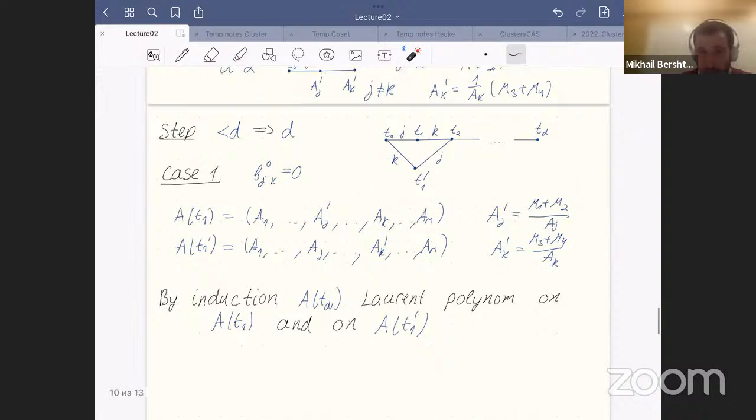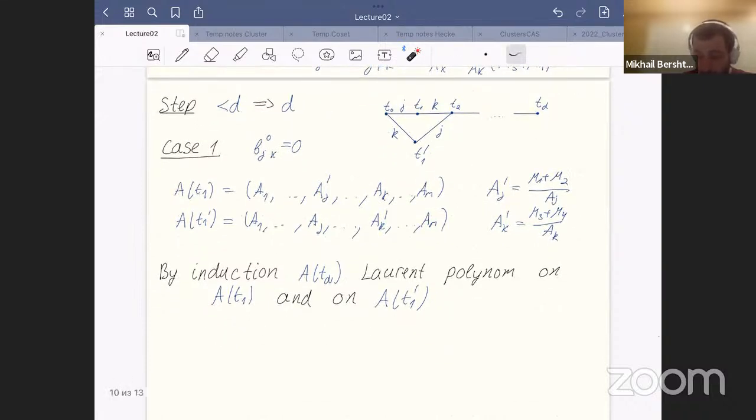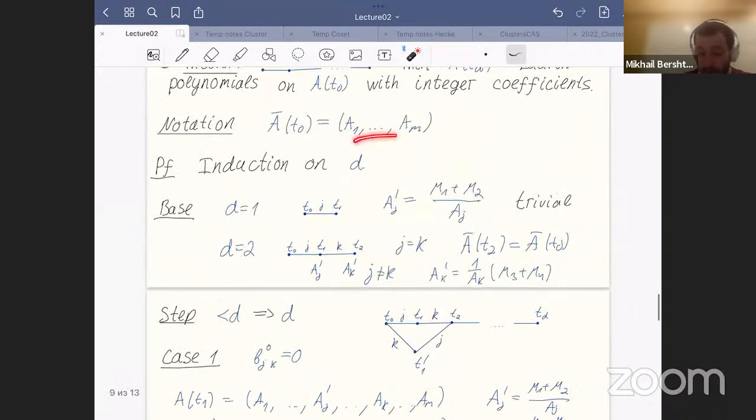So any variable on TD is some Laurent polynomial here and here. So any variable here is some rational function on A1 through AM.